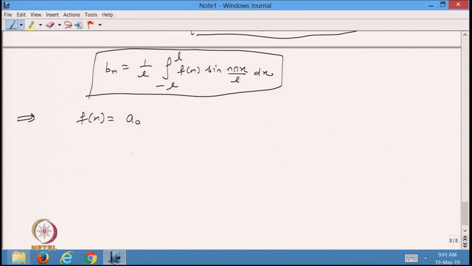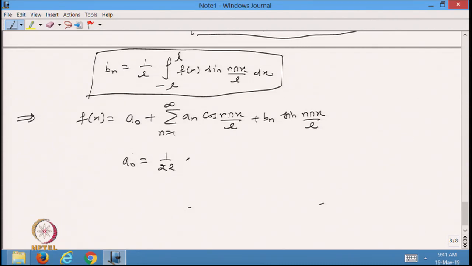This can be written as a series: a naught plus summation n from 1 to infinity of a n cos(n pi x by L) plus b n sin(n pi x by L), where my a 0 is just the average value of the function, doing the integration. So, here x belongs to minus L to L.